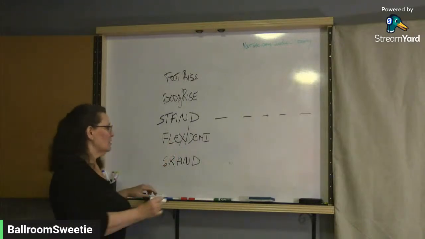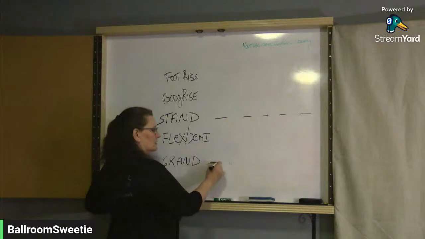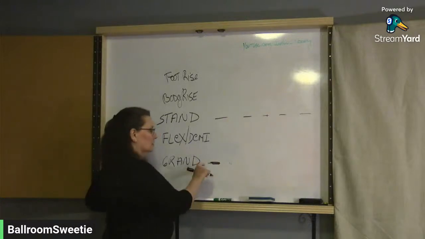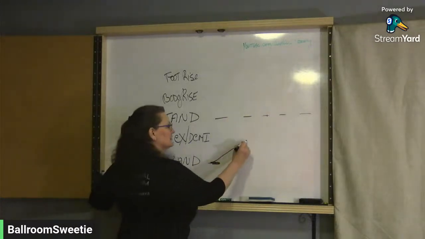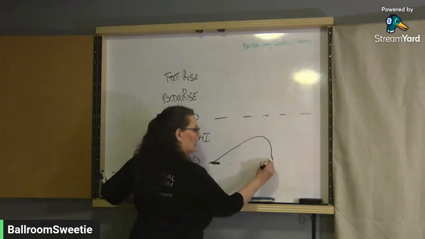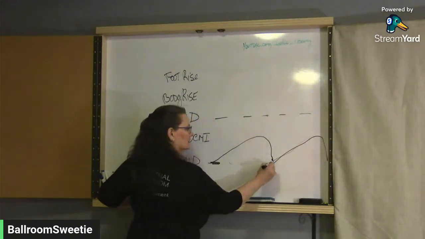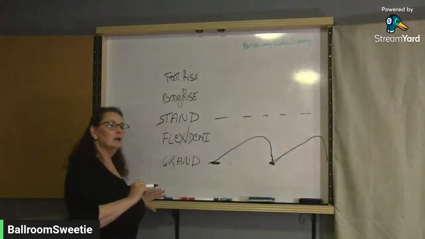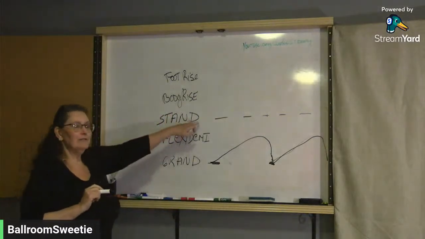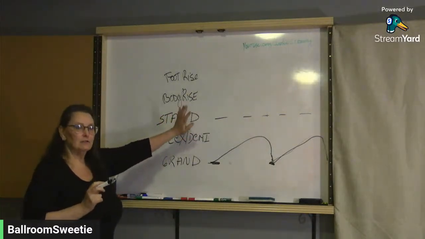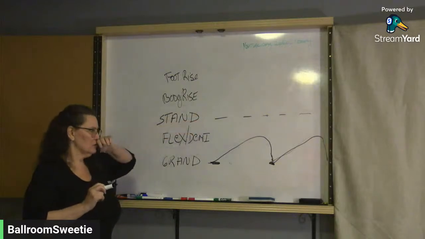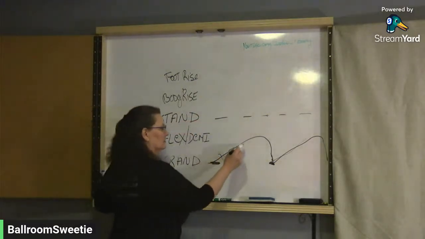But in tango, I'm going from grand to demi, back to grand, to demi, back to grand. So you never even hit standing, which is why you're saying there's no straight legs, but that's not 100% true. The straight legs are happening in here.